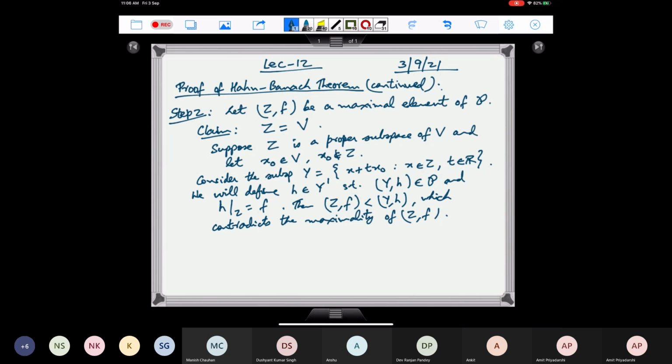So we define h of any element in Y, which is of the form x plus t x naught. This will be equal to h of x, but we want h to be an extension of f, so h of x should be equal to f of x. h of x plus t x naught is f of x plus alpha t, where this alpha belonging to R will be suitably chosen.